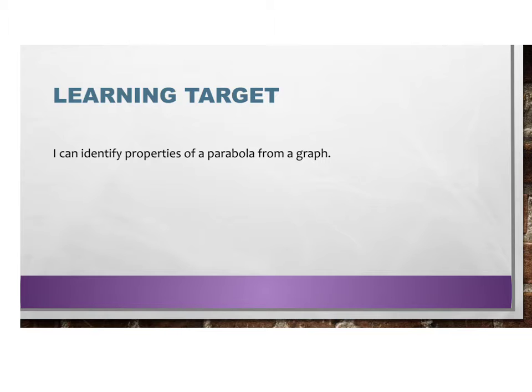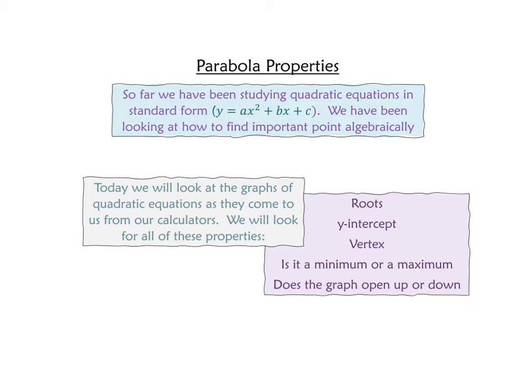Today's learning target is, I can identify the properties of a parabola from a graph. We're going to talk a little bit about the properties of a parabola. So far, we've been studying the quadratic equations in the standard form, which is y equals ax squared plus bx plus c.